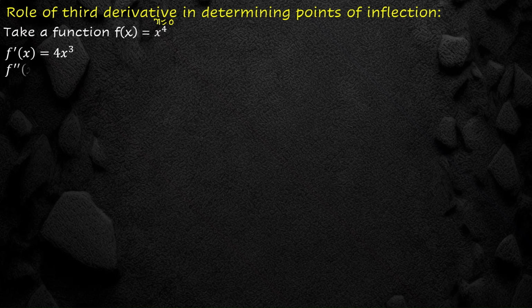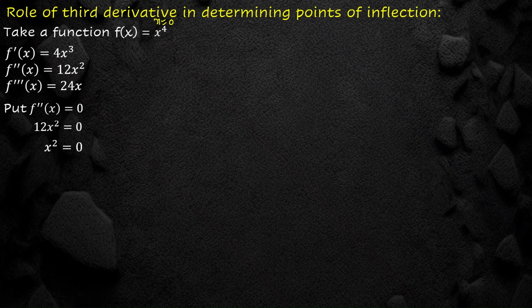We find the first, second and third derivatives, put the second derivative equal to 0 and get x is equal to 0. Now at x is equal to 0, the third derivative f triple dash 0 will be equal to 0.